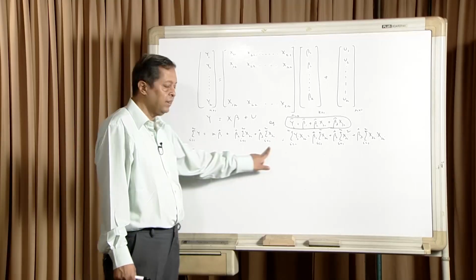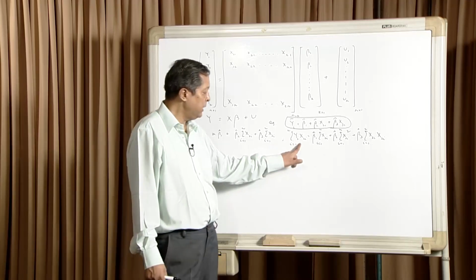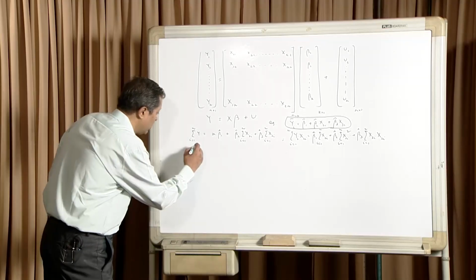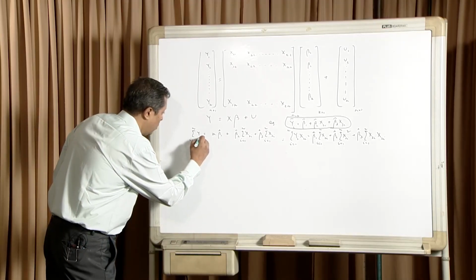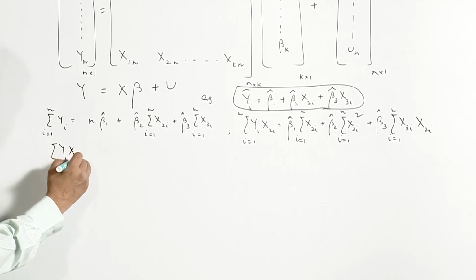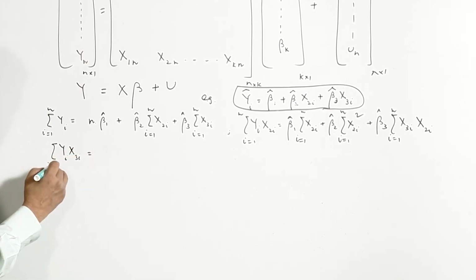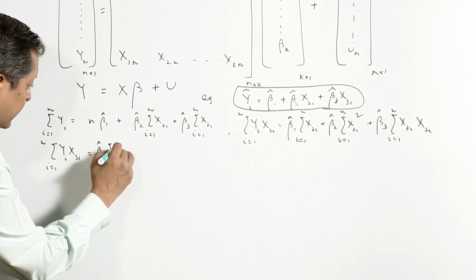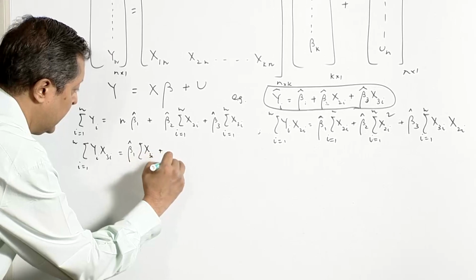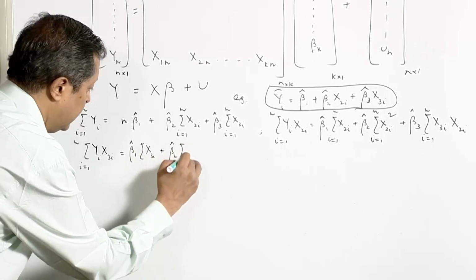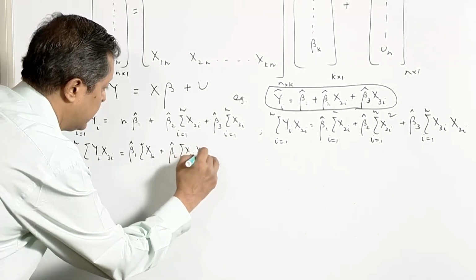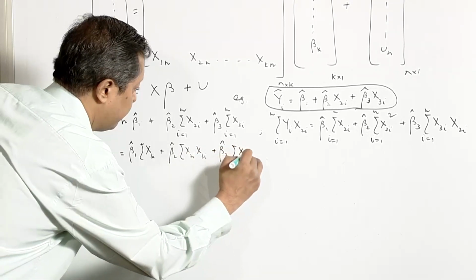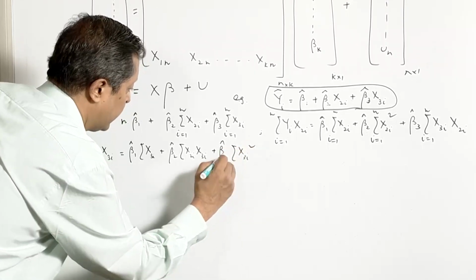First, sum the equation; second, multiply with x 2; and by now viewers have already guessed that the third one will be multiplying y i with x 3 i, with i going from 1 to n. So, the first one will be beta 1 hat summation x 3 i, second one will be beta 2 hat summation x 2 i x 3 i, and the third one will be beta 3 hat summation x 3 i square.